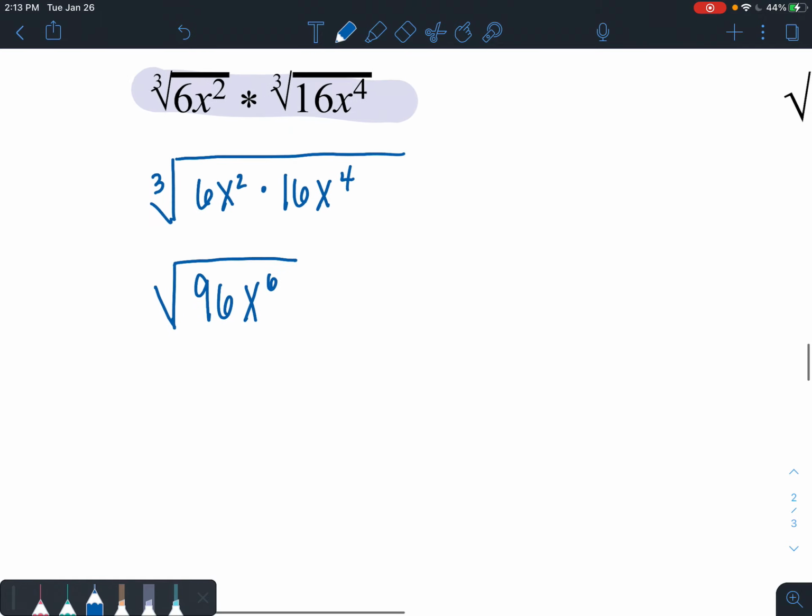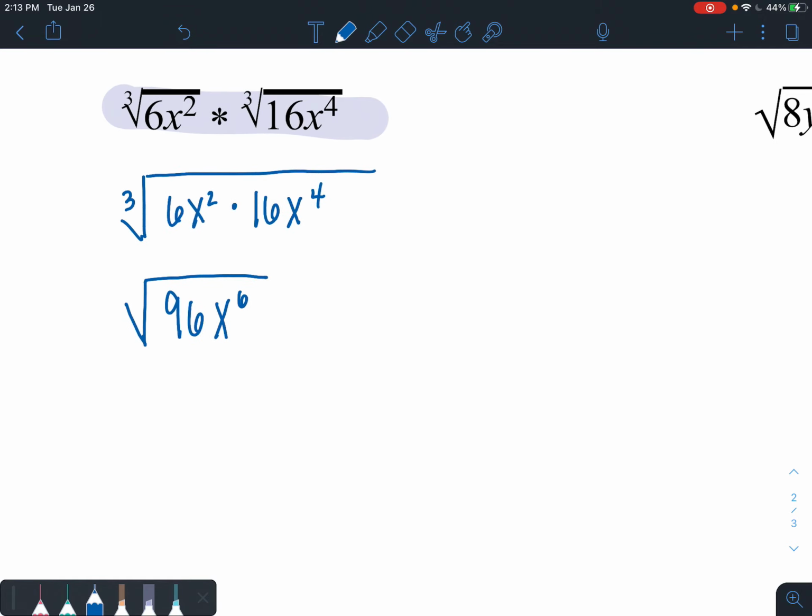So then, I'm not sure what perfect cube goes into 96, so let's list them. 1 to the 3rd is 1, 2 to the 3rd is 8, 3 to the 3rd is 27, 4 to the 3rd is 64.